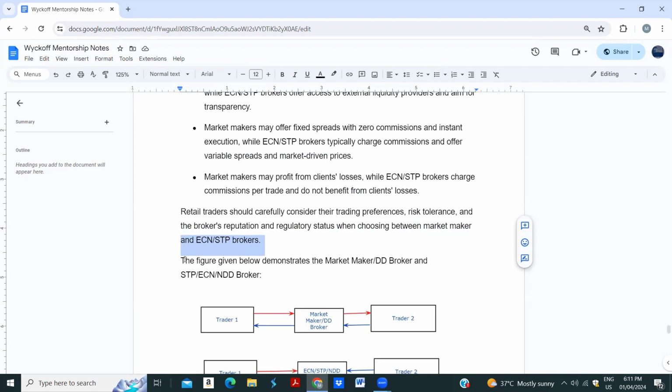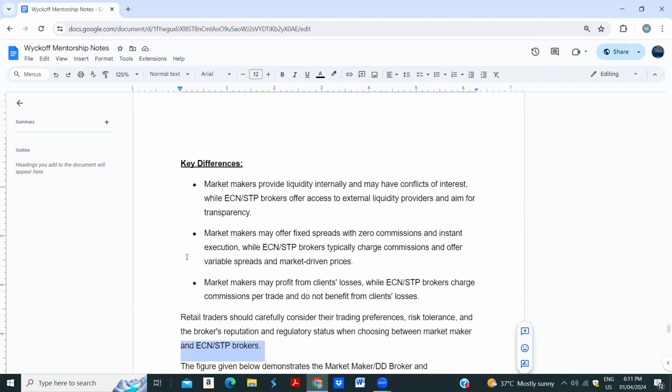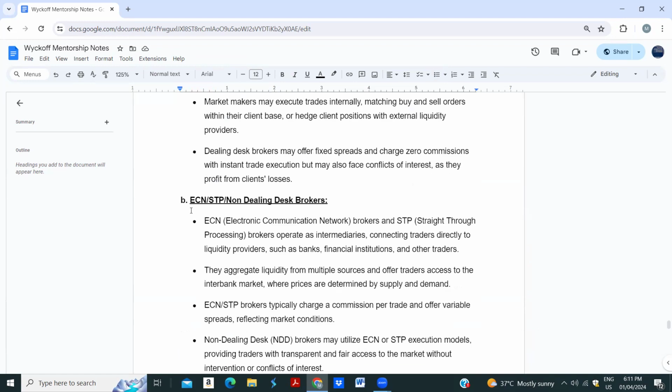But my advice, personally, is that it is always better to trade with ECN, STP, or non-dealing desk brokers. Yes, they do charge commissions, they do charge spreads, they do have variable spreads, but they do not interfere with your trades. They do not place trades against you. They do not have any conflict of interest with the trader.